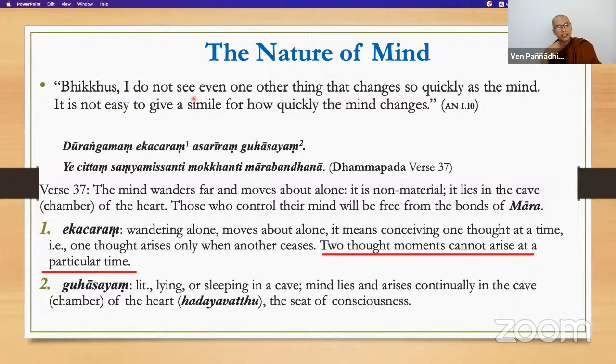What the Buddha says, I don't see, means we can conclude there are no other things, because the Buddha has the power to understand the true nature. If something really exists or really happens, the Buddha can see it and understand it. But now, even the Buddha himself cannot find it. It means there is nothing.